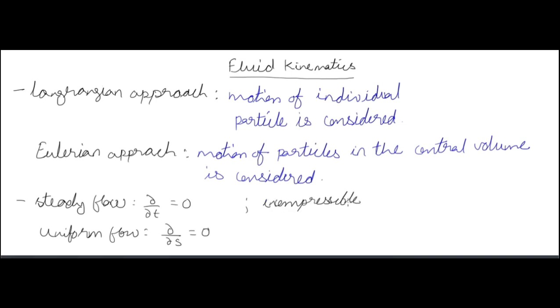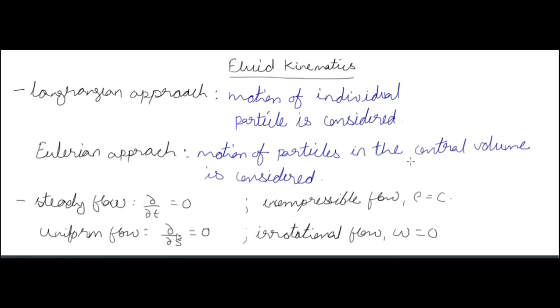Now we will deal with steady flow, uniform flow, incompressible flow, and irrotational flow. A steady flow, as you know, is a flow that is not changing with time. Uniform flow means at every point the velocity is the same, which means with respect to distance the flow is constant.